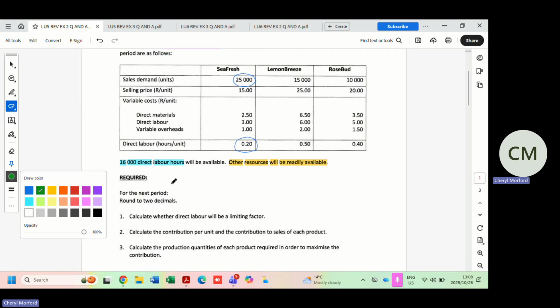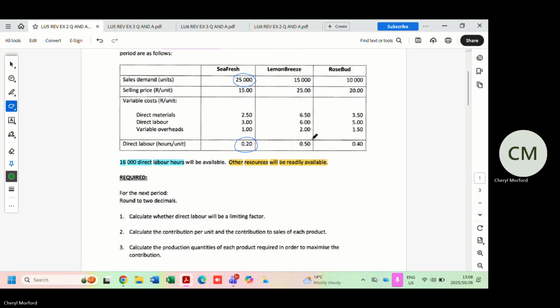Then we do the same for the next one: half an hour for one, which we must multiply by the demand of 15,000, that will give us the hours required for Lemon Breeze.